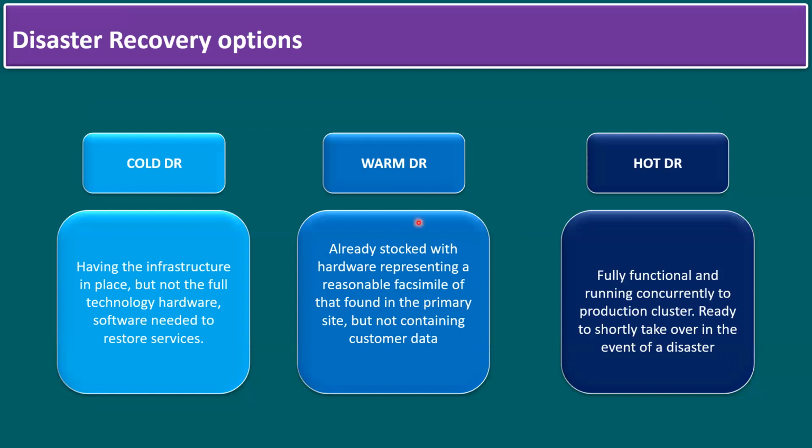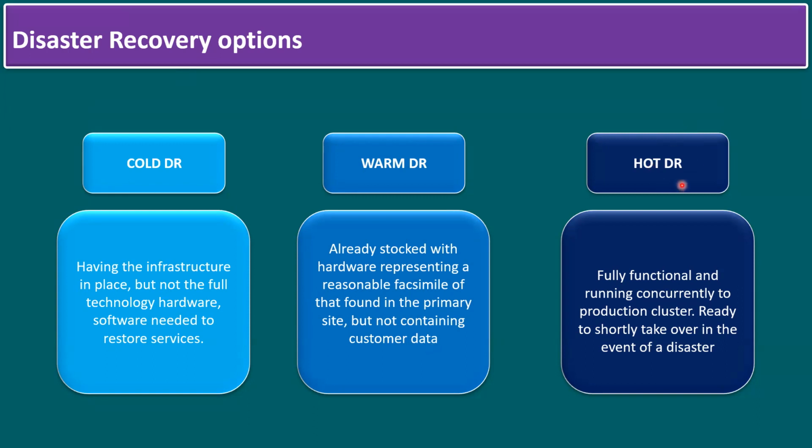Warm DR means already stocked with hardware representing a reasonable facsimile of that found in the primary site, but not containing customer data. That means it is like a secondary site. In case of any primary site disaster, we can use synchronized data to start restoring within our production environment.